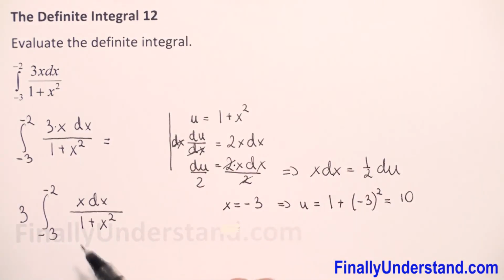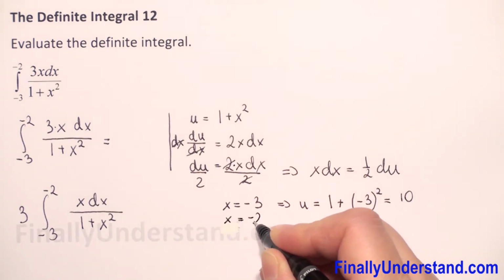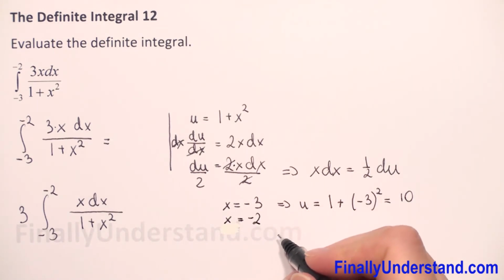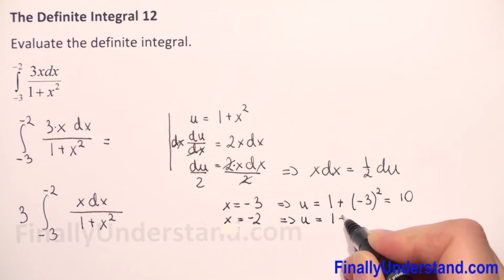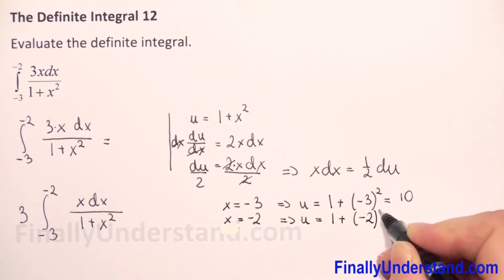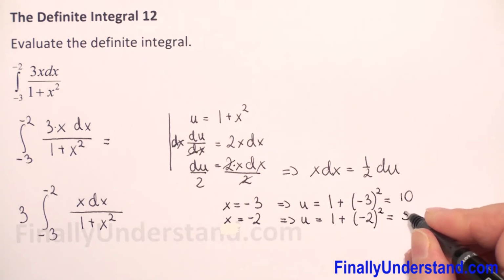Next, we have to find the upper limit. x is equal to -2. So we will have u equal to 1 plus -2 to the second power. This is equal to 1 plus 4, which is 5.